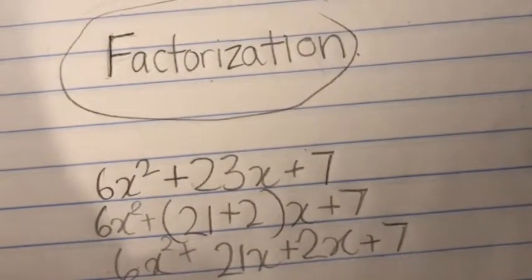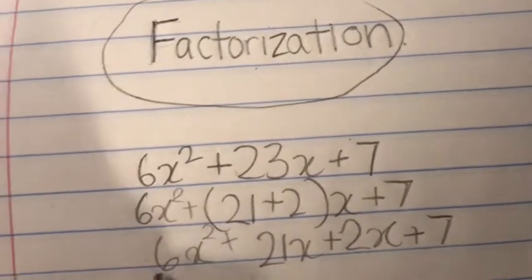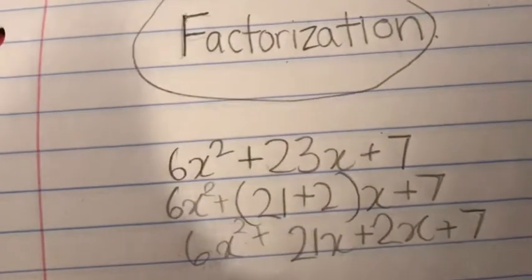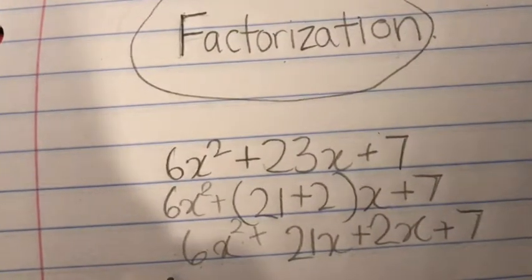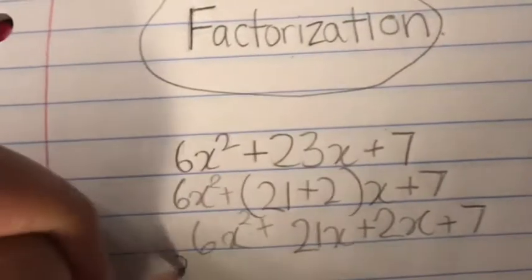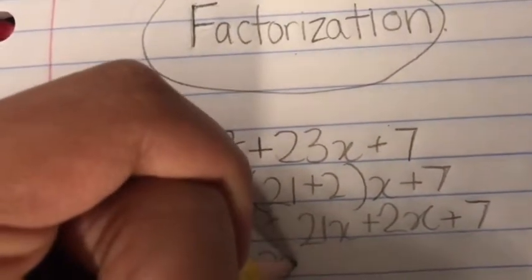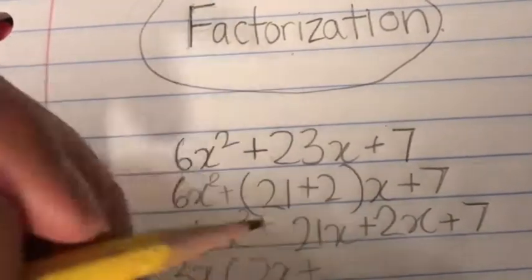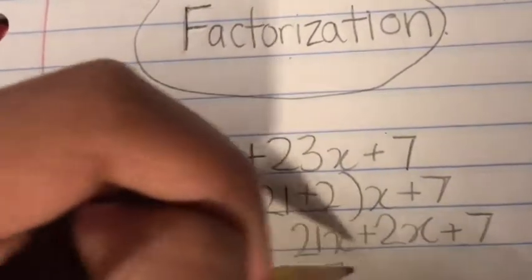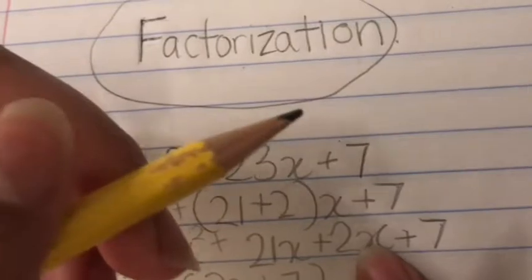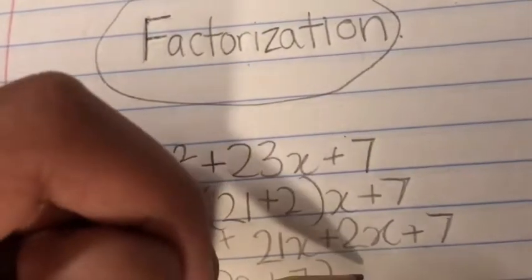Now, to factor this, look at 6x squared and 21x; what you have in common is 3x. So you can take out 3x, and you're left with 2x plus 7. And over here you have 2x plus 7.